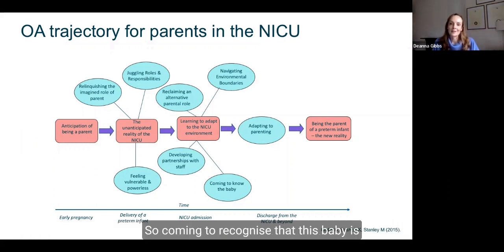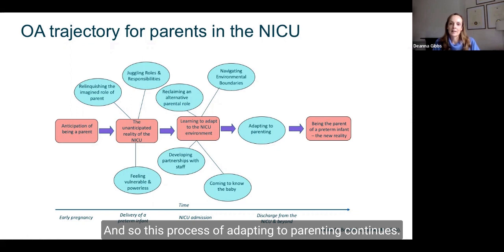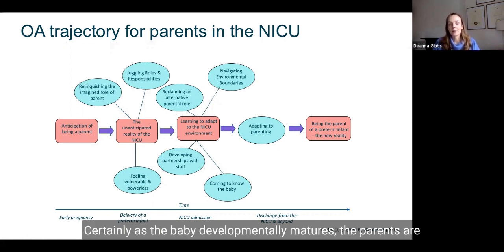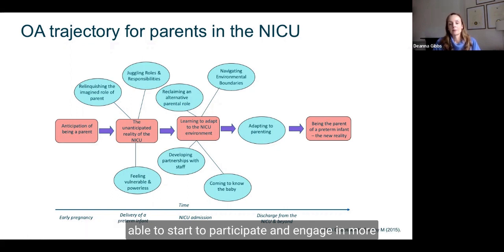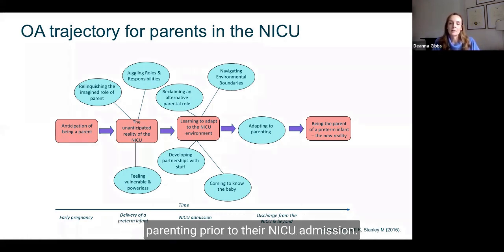So coming to recognise that this baby is part of their family and what capabilities their baby brings to this emerging relationship. And so this process of adapting to parenting continues, certainly as the baby developmentally matures. The parents are able to start to participate and engage in more and more of the activities that they associated with parenting prior to their NICU admission.